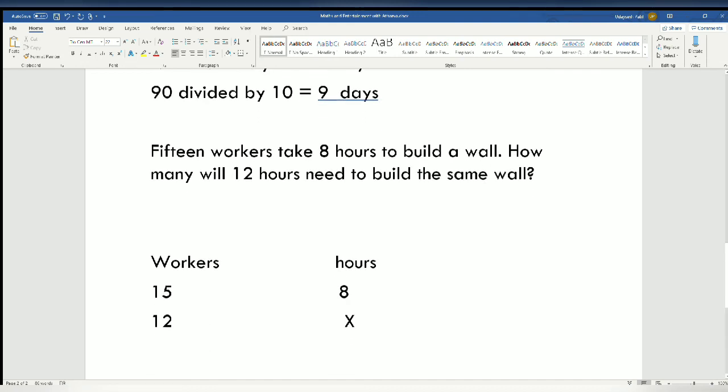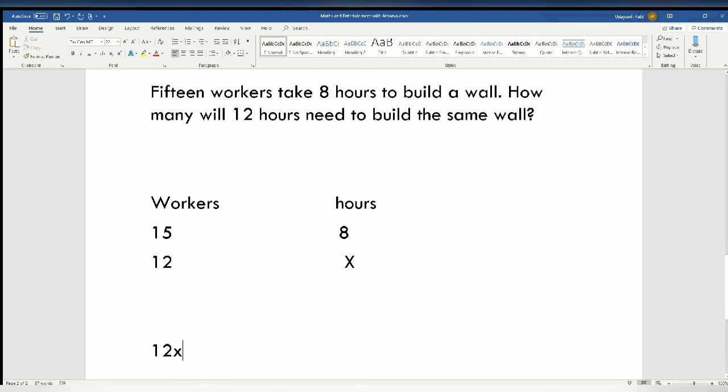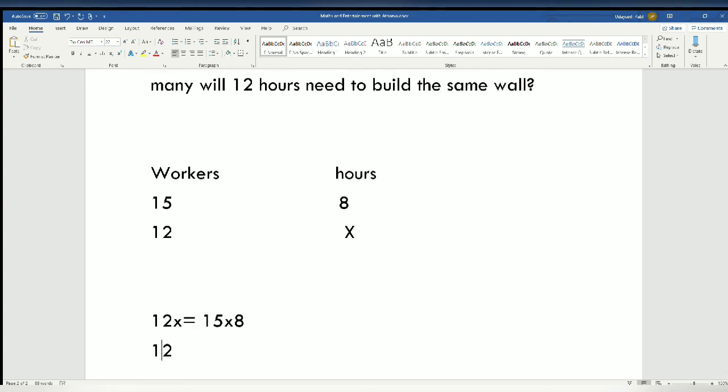So here we shall do cross multiplication. 12x equals 15 into 8. 12x equals 120.